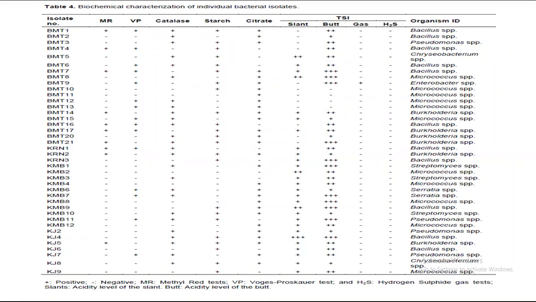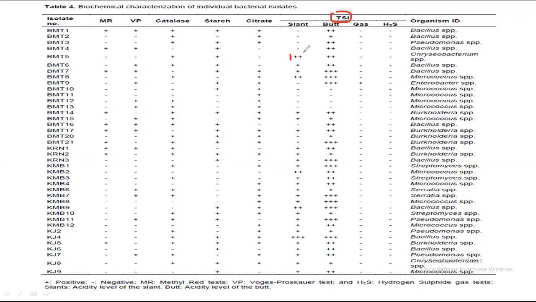You can compare your test result with this type of chart. If you just look here at the TSI portion, if we are having slant, a negative sign means no production, and a positive sign means production. So when there is color on the slant, you can say that it is positive.